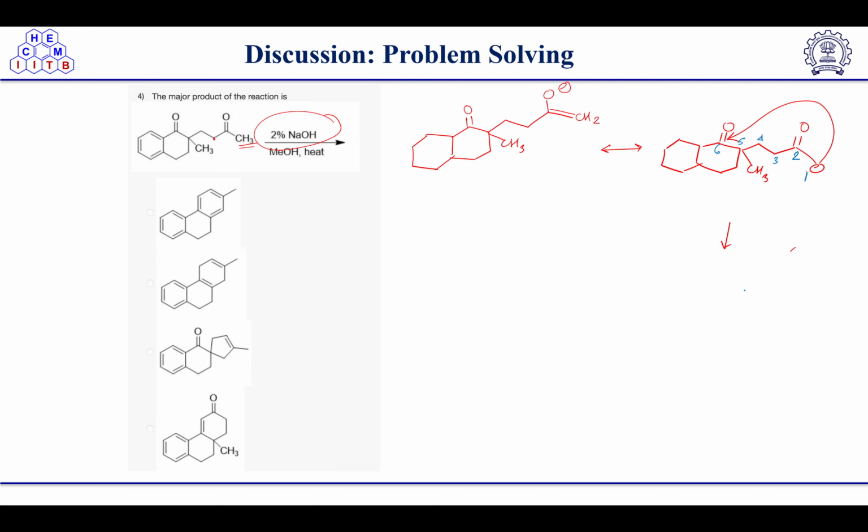Okay. 6 carbon. So we have here ring as it is, then this ring, and from here, correct, all of you are getting this one.